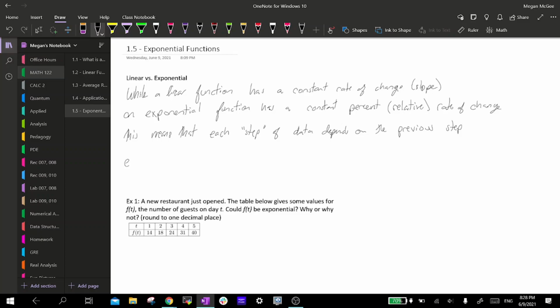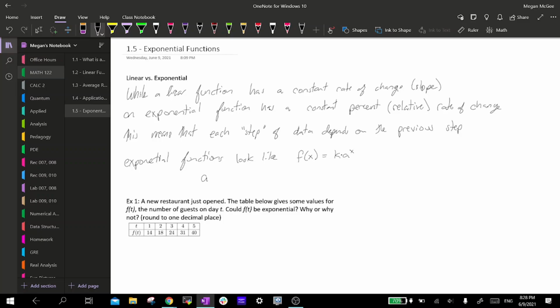So, an exponential function looks like f of x is equal to k times a to the power of x. Alright, so we have k times a, and a is raised to the power of x.